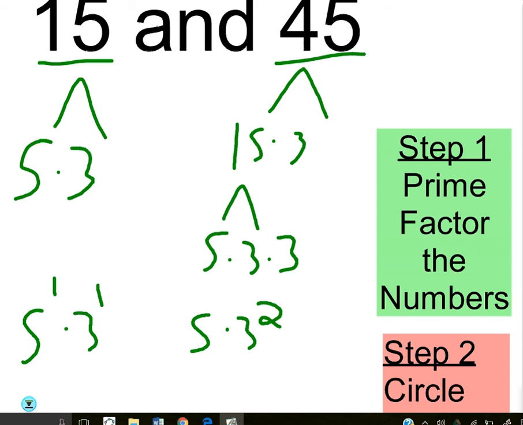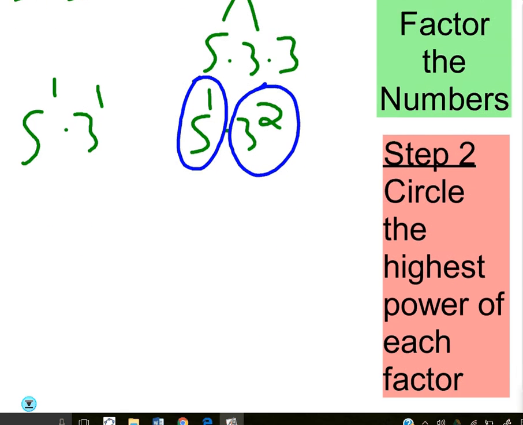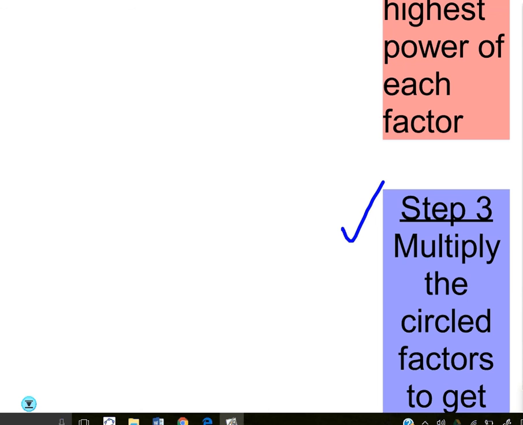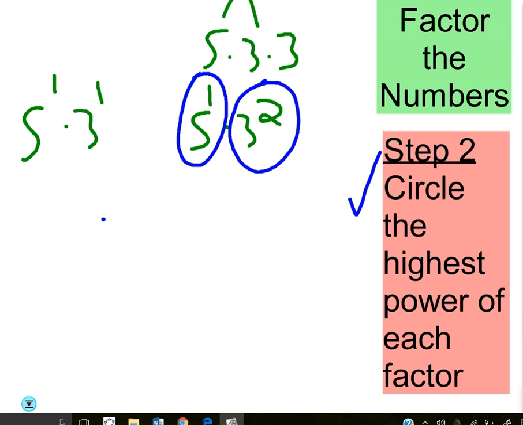Yeah, now in this particular case, it doesn't matter which 5 you circle because they're the same. The key is to only circle one of them. So I'll just circle this one. And the 3 squared is bigger than 3 to the first, so we'll circle that for step 2. And then for step 3, we'll multiply them, see if we were right. What is 5 times 3 squared?